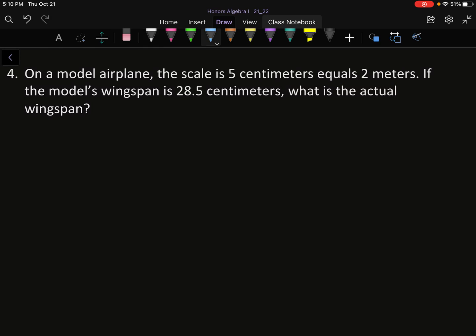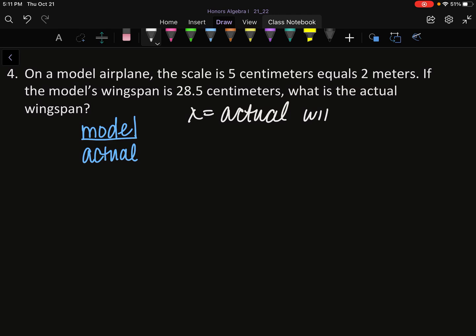Okay, so we can do model over actual, or whatever you want to put. X is definitely actual wingspan. So you see that I'm not technically picky about that variable there. The model gives us some information here.